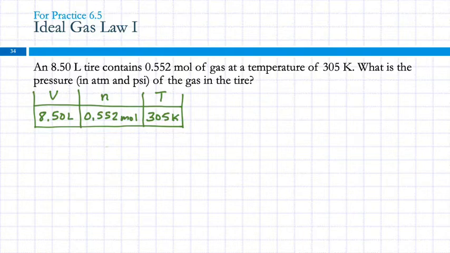Pressure. So the ideal gas law, PV equals nRT, and we want to find out what P is, right? So we're going to take the equation and rearrange, divide by V on both sides. So these V's cancel out.